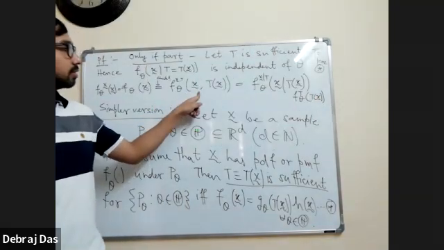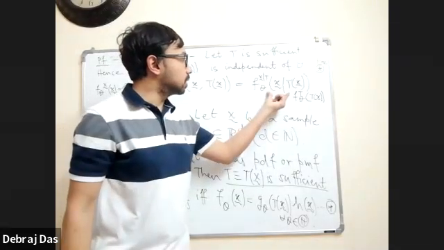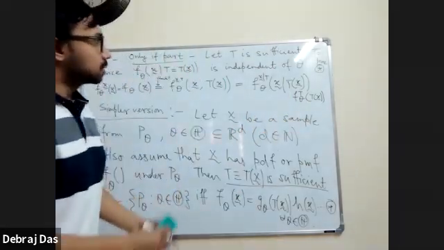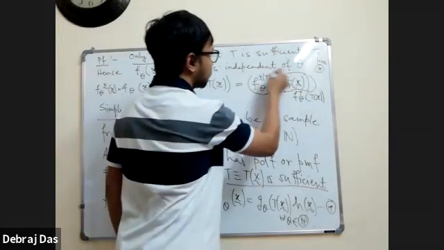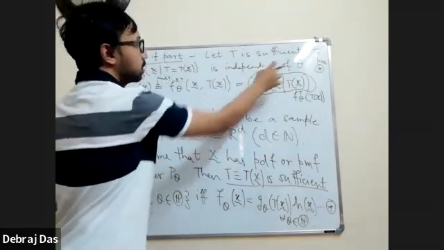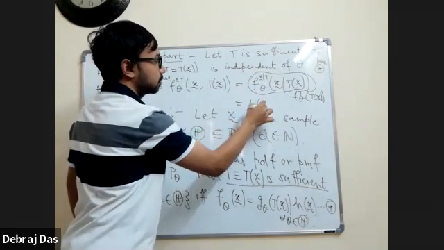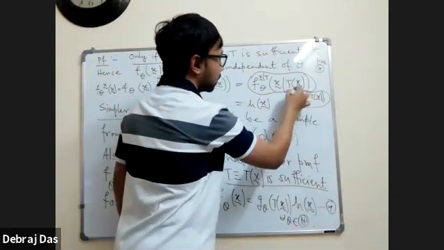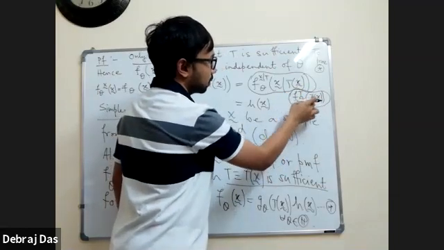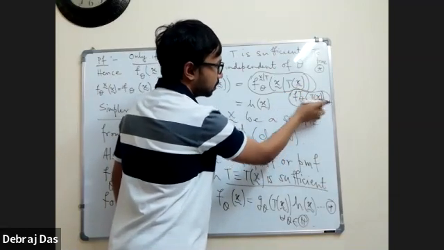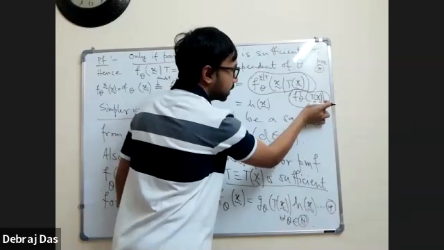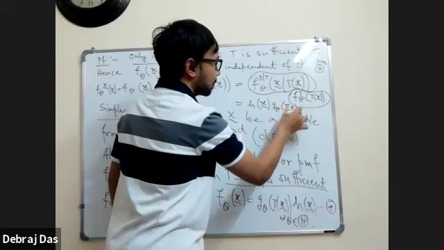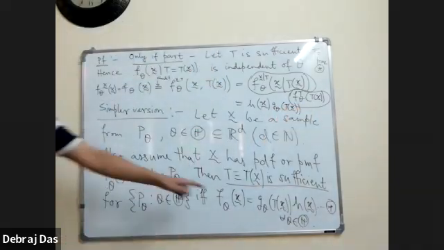So the joint PDF or PMF is simply the conditional PDF or PMF multiplied by the marginal of T. Now this thing is already independent of theta, so it's simply a function of x curl, and this thing is a function of T of x curl and theta, because you are looking at the argument T of x curl, so it's simply g theta of T of x curl. So that means this star is true.